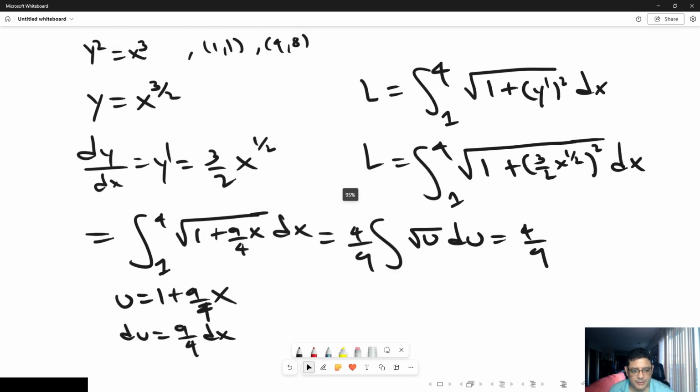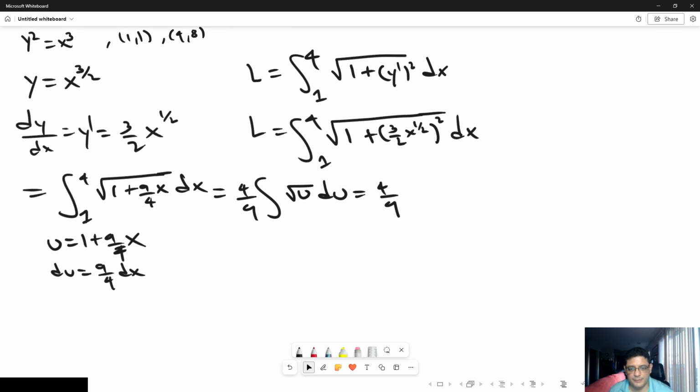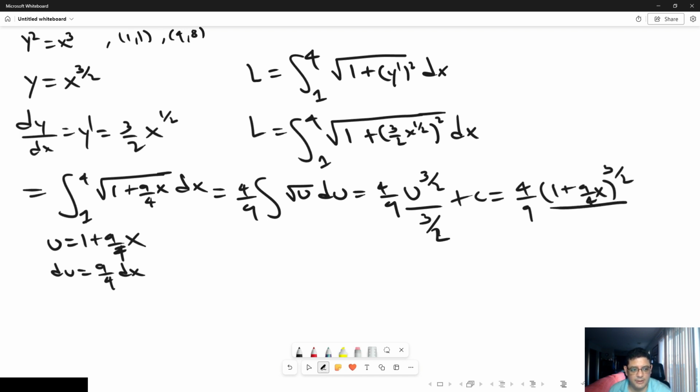So now this is 4 over 9, and then u to the 3/2 over 3/2, plus c. This equals 4 over 9 times 1 plus 9 over 4 x, to the 3/2 over 3/2. Now we go back to the original limits of integration, and the plus c goes away once we take this difference.